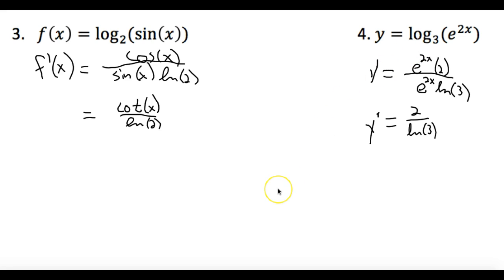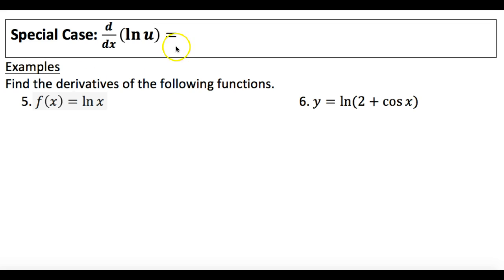All right. So, just like yesterday then, if we take a natural log, okay, a log base e, something a little special, I guess, happens. So here, if we follow that same pattern, where we're taking the natural log, so log base e of some function of x, we take the derivative of the inside, so u prime.